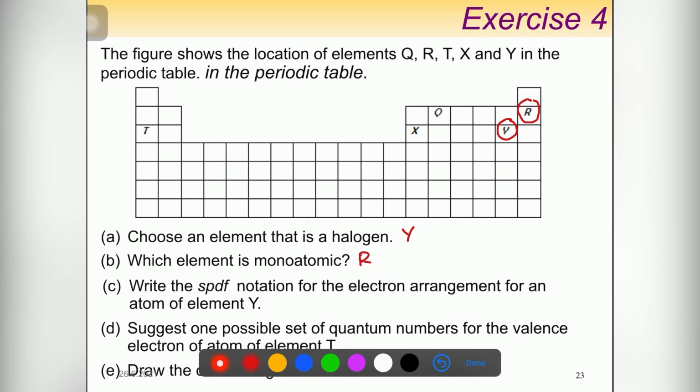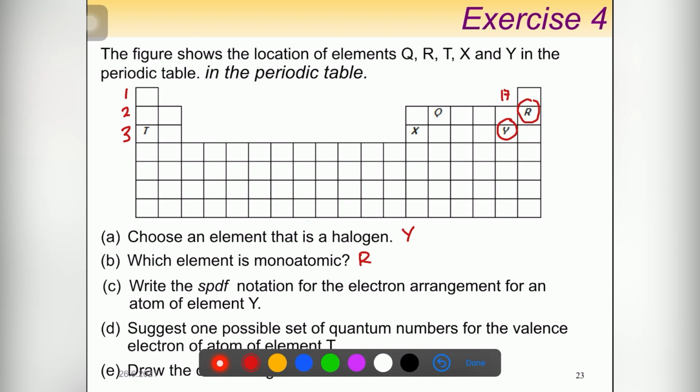And write the spdf notation for the electron arrangement for an atom of the element Y. Okay, Y, we know that it is located in period 3, right? 1, 2, 3. And it is in group 17, which shows that Y has 7 valence electrons and the highest n is 3.